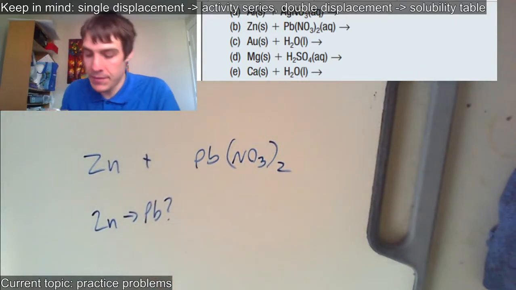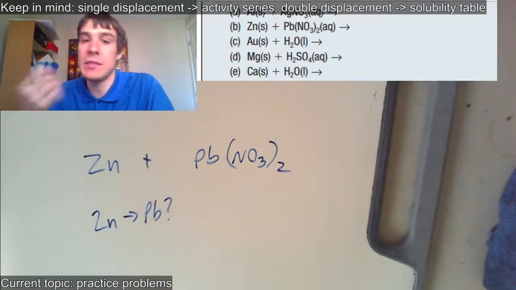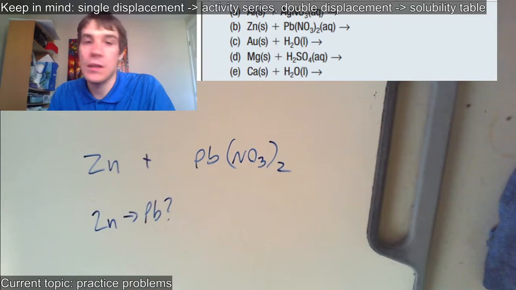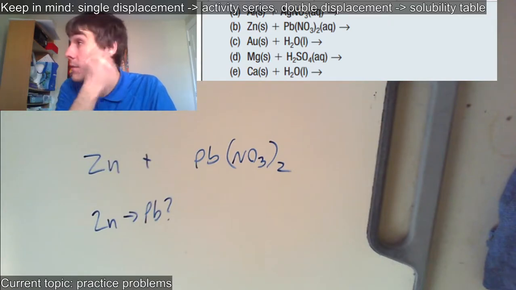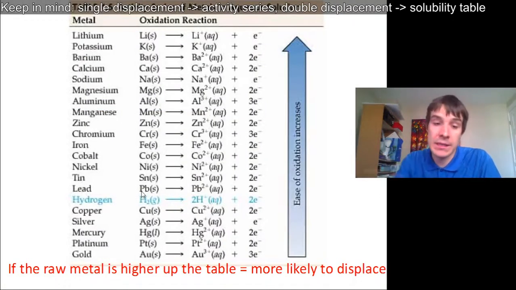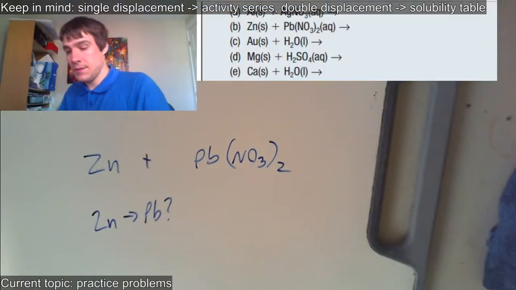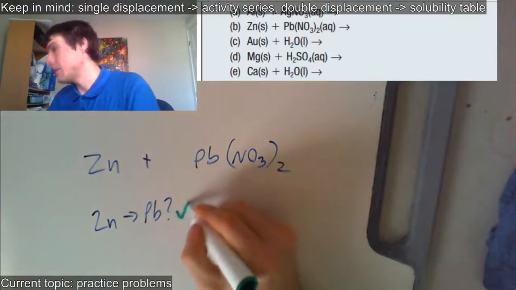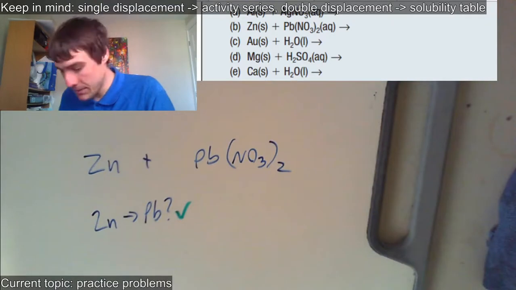Will that happen? It means the zinc needs to be stronger than the lead in order for this to occur. So let's look at it. Zinc is here. Lead is here. Yes, zinc will replace lead. So yes, that does occur.